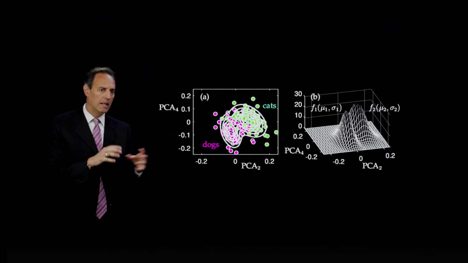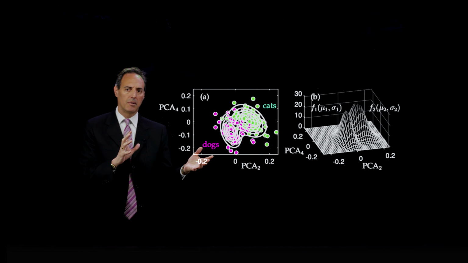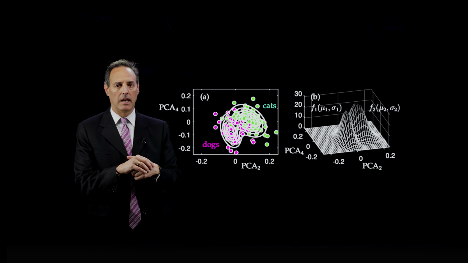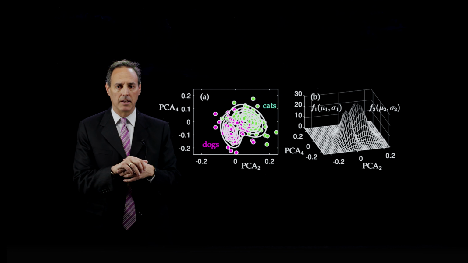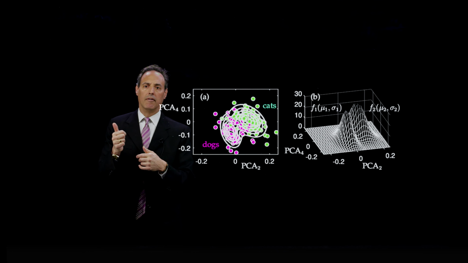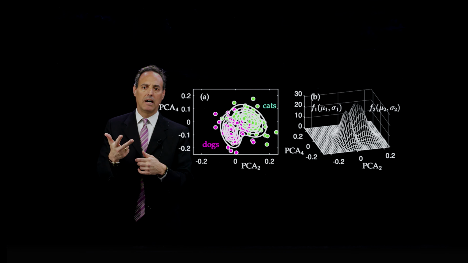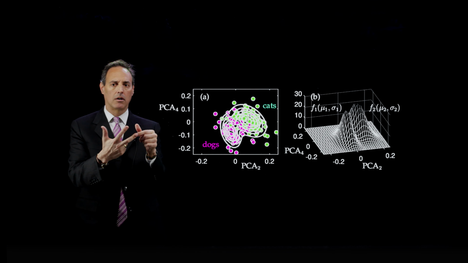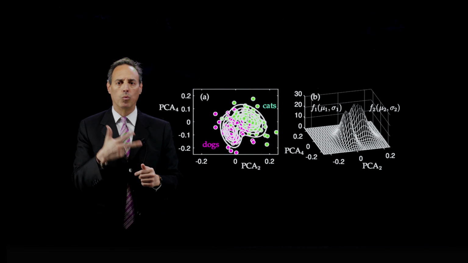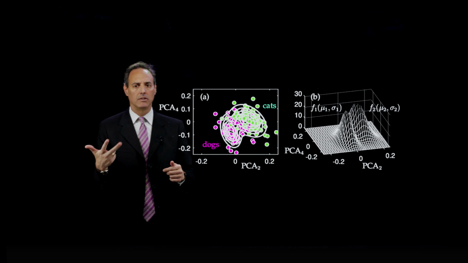I want to highlight again, this is a really powerful technique. People use mixtures of Gaussians or mixture models all the time. And it's a very important method. In fact, the three that I highlighted in the book in sections 5.3, 5.4, 5.5, right? So k-means, hierarchical, and mixture models. Those are sort of the workhorses of unsupervised learning.